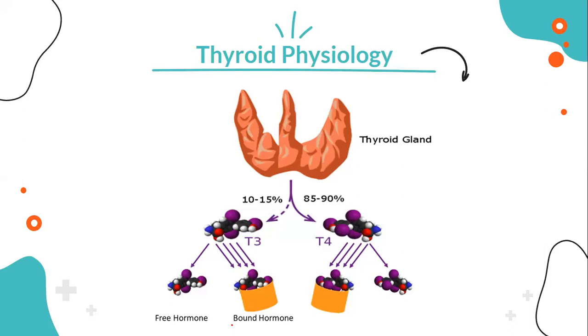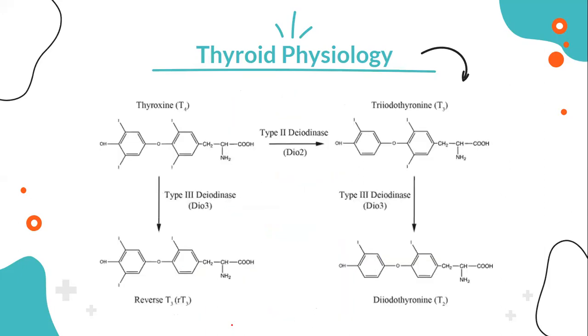to go through the bloodstream, reach a peripheral organ, and what I already told you happens, right? These reactions. Type 1, type 2, and type 3 enzymes have different kinds of actions. Type 3 gives us reverse T3, and type 1 and type 2 give us T3, which is the active form of the hormone.